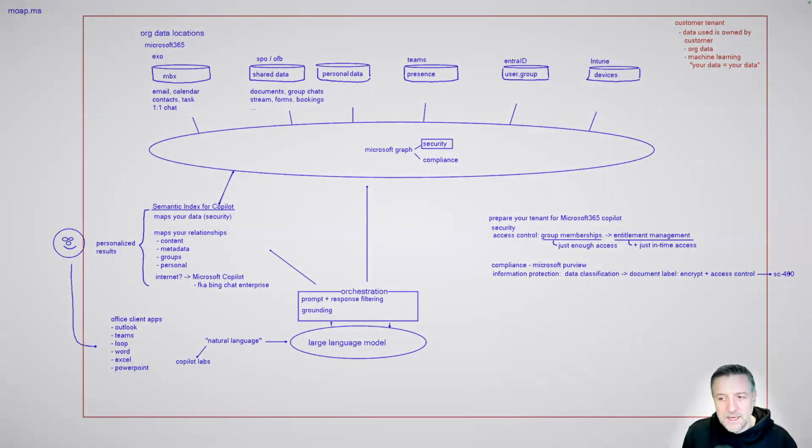It could be a very useful part of Copilot as well, because you want to be careful allowing data into that Copilot index, the semantic index, because too much access means that you will have too much information.